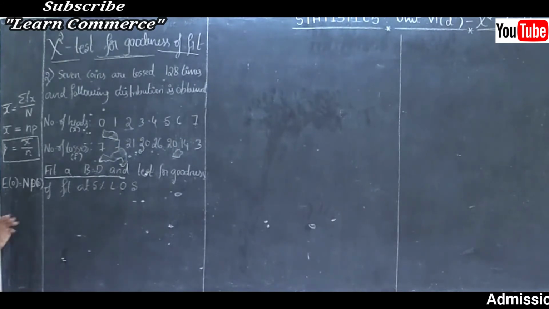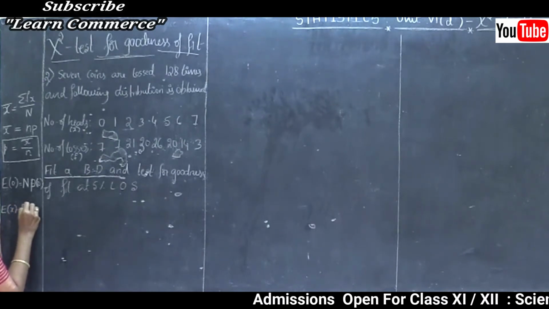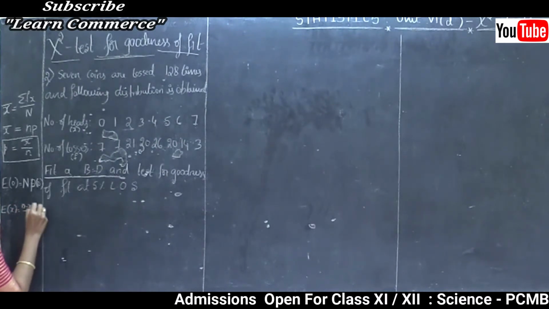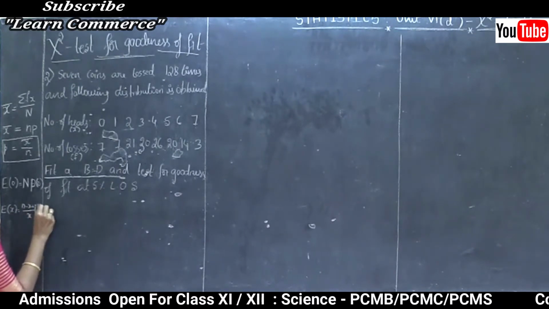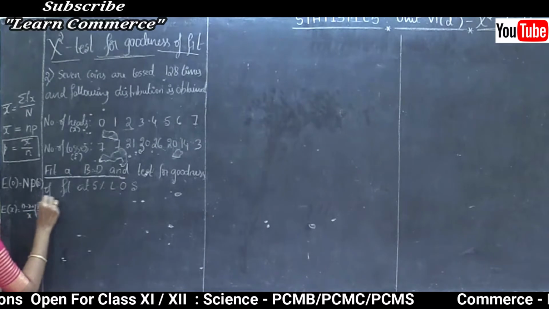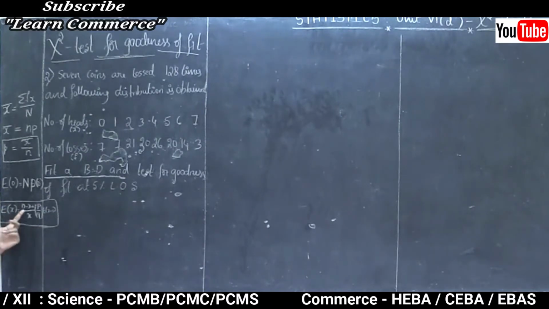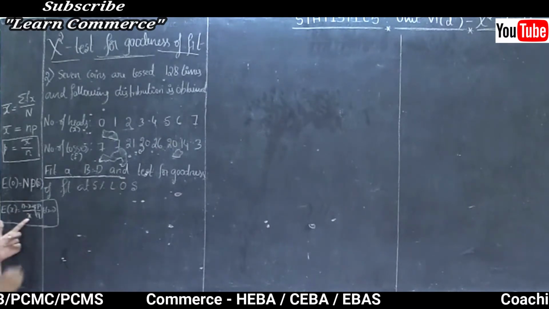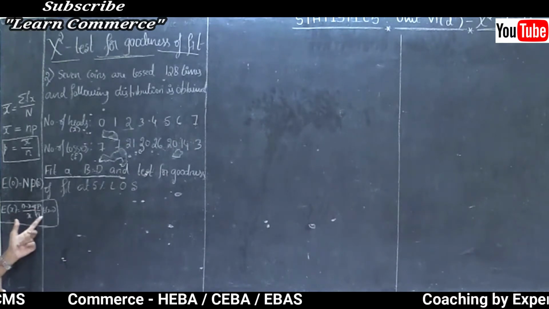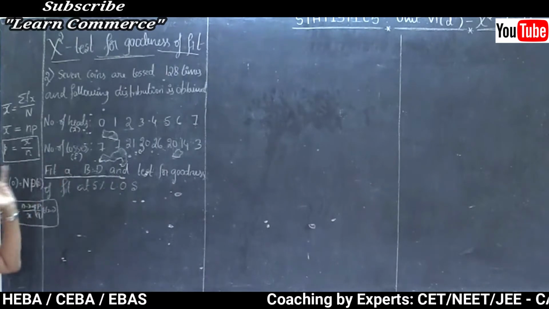The recurrence relation formula is E of x is equal to N minus x plus 1 divided by x, into P divided by Q, into E of x minus 1. Okay, these are the steps to fit a binomial distribution.